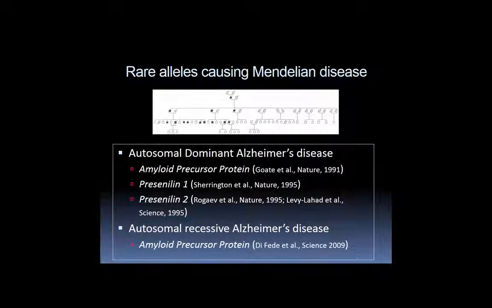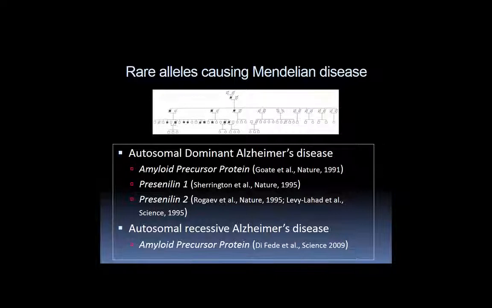And what happened was that several investigators, George Glenner, Colin Masters, and a few others, purified the protein from the brains of people with either Down syndrome or Alzheimer's, sequenced the peptide that they purified, and then screened cDNA libraries to find the gene that encoded that peptide.